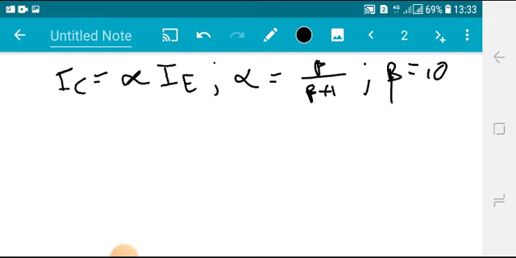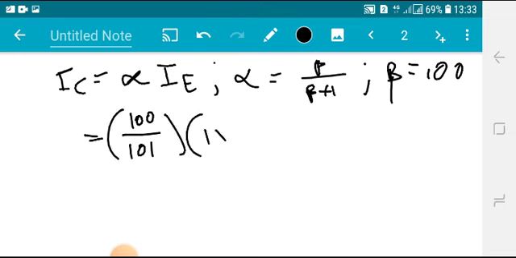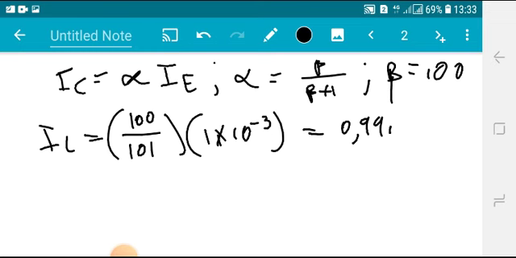In this particular case, we will assume that it's 100. So that means it should be 100 over 101, adding 1 to beta, multiplied by the current we had earlier, 1 times 10 to the minus 3, or 1 milliamp. That should be IC, which should be about 0.99 milliamps.